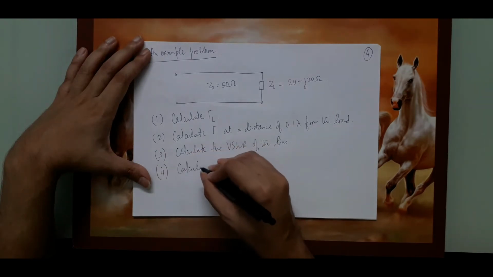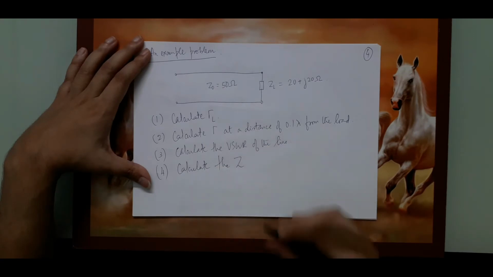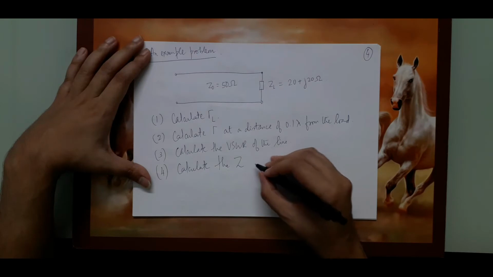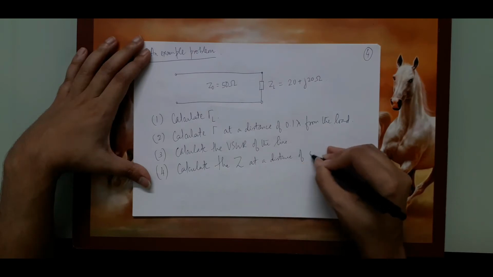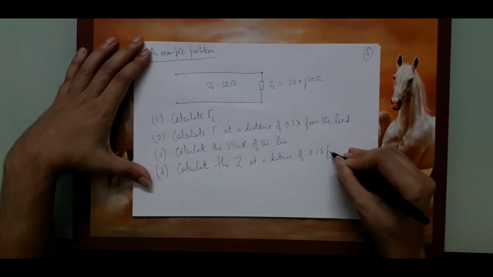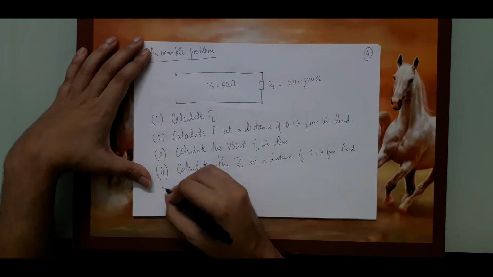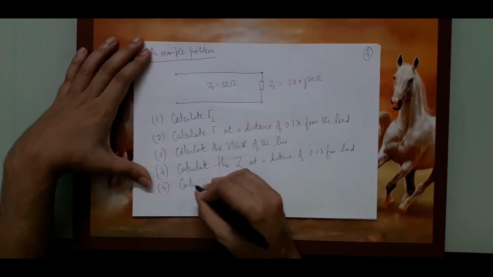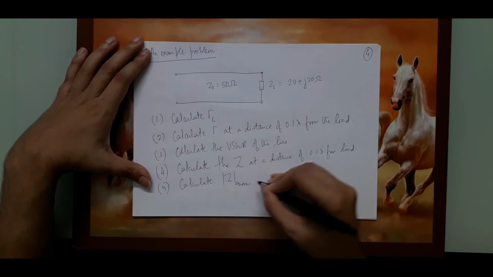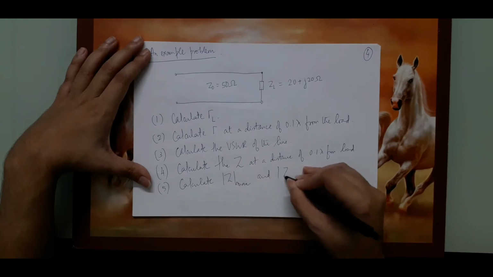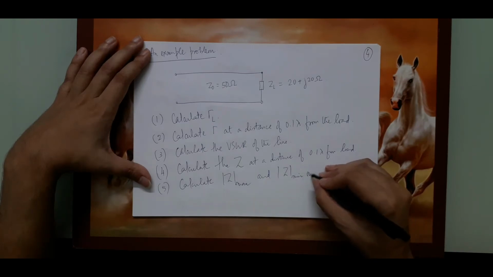Fourth, calculate the Z at a distance of 0.1 lambda from the load. And fifth point, the Z max and Z min magnitudes on the line.